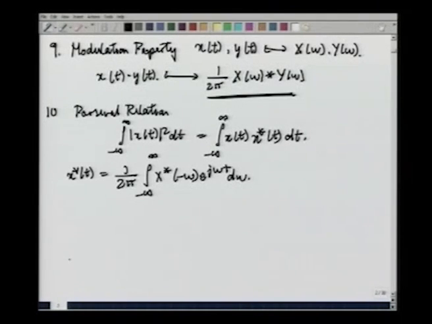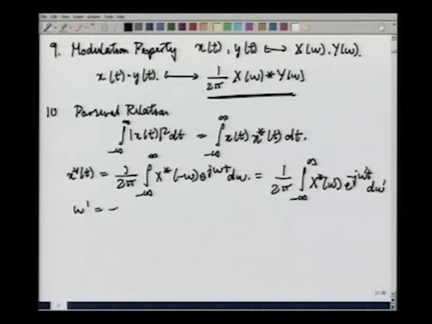Now, replacing ω by −ω', this comes out to be equal to 1/2π integral from minus infinity to infinity of X*(ω') e^(−jω't) dω'. This has happened by setting ω' equal to −ω.